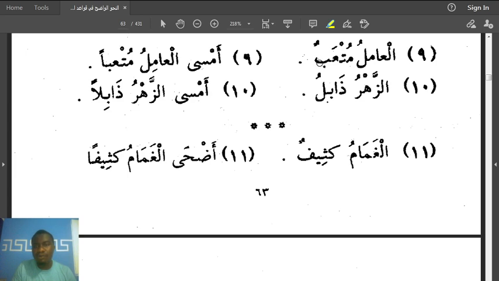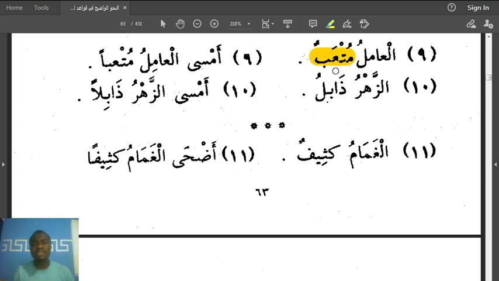Al-amilu mut'abun. Al-amilu, we've seen it, the worker. Mut'abun means tired. Some students make a mistake here, and they say mut'abun, like the person will say ana mut'abun. Now, when you give the ain kasra here, it tends to the thing that causes stress, that causes tiredness. So if you say ana mut'abun, that is, something has caused me to be tired.